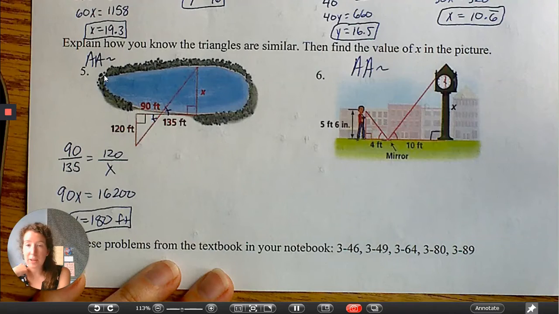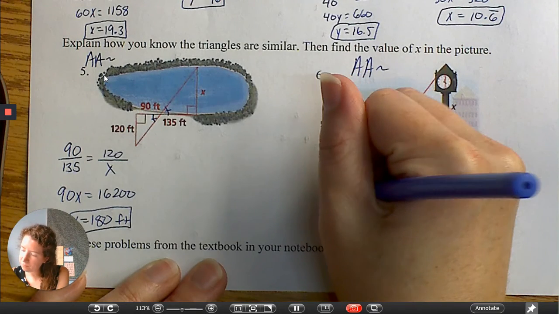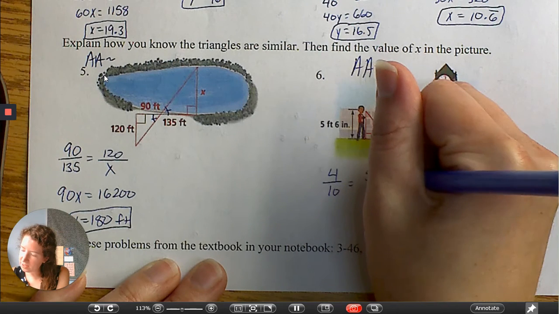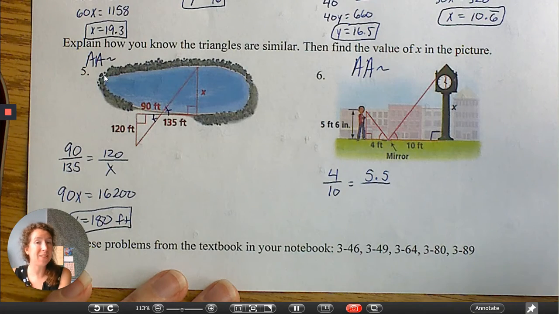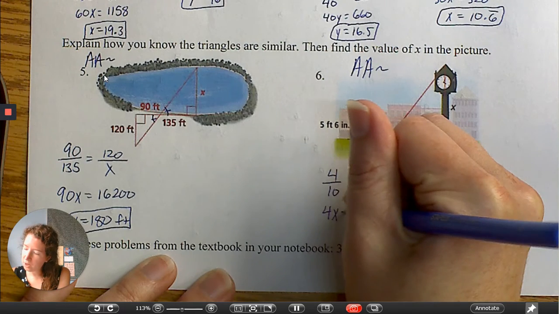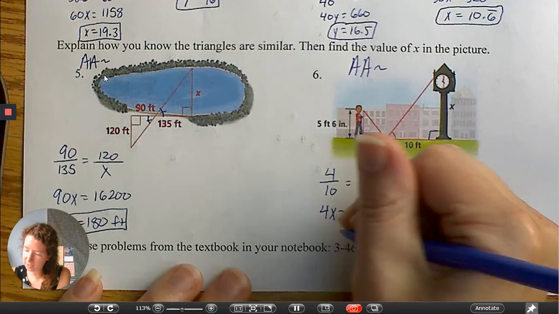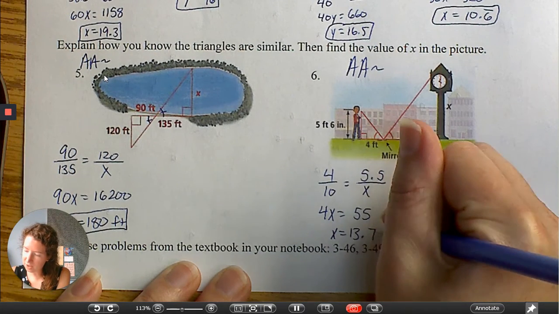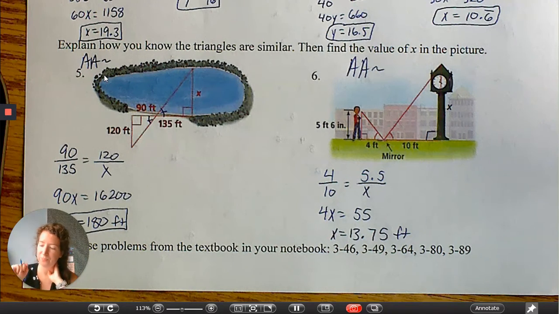So because of that, we can set up our proportion. 4 corresponds to 10, and 5 feet 6 inches, so 5.5 feet, so not 5.6, 5.5, because 6 inches is half of a foot, over x. 4x equals 55. 55 divided by 4, x is 13.75 feet. If you want to turn that into 13 feet and, what is that, 9 inches, that's fine too.